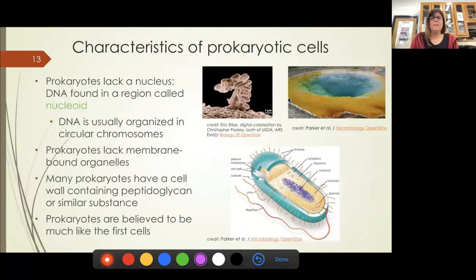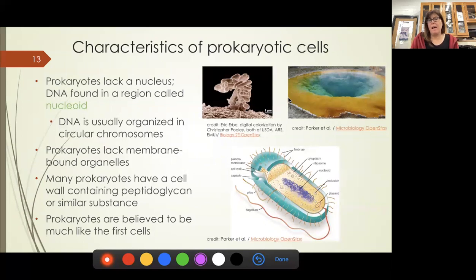So some characteristics of prokaryotic cells are, again, they lack a nucleus. Their DNA is found in a region called the nucleoid region. Like I said, DNA is usually organized in a circular chromosome. They lack membrane-bound organelles, and many prokaryotes have a cell wall. That cell wall is made up of a material called peptidoglycan.